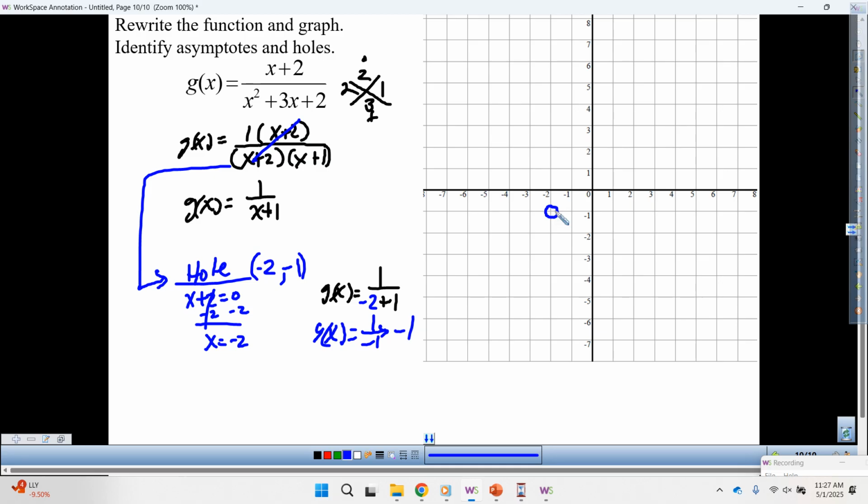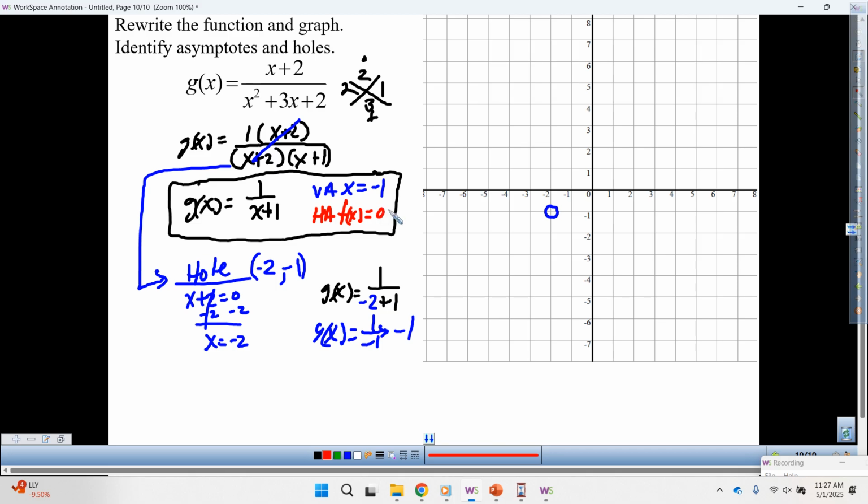All right, not bad. From there, we take our new function and graph that, which means we need a VA, x equals negative 1, and an HA, since there's nothing here, that means f of x equals 0.